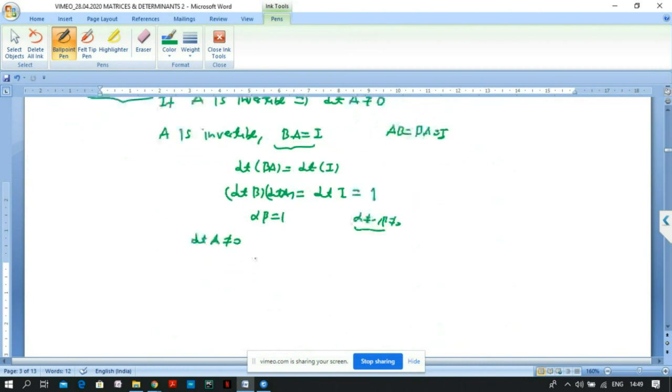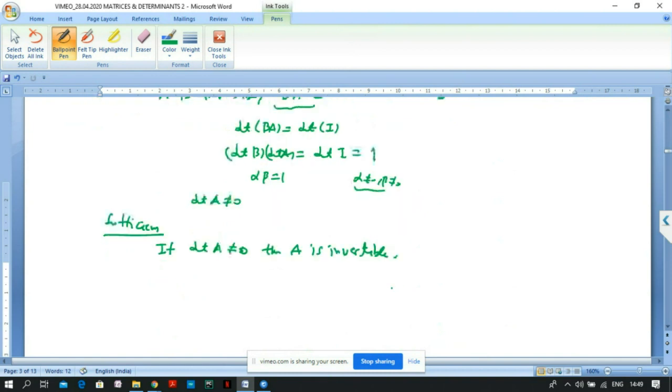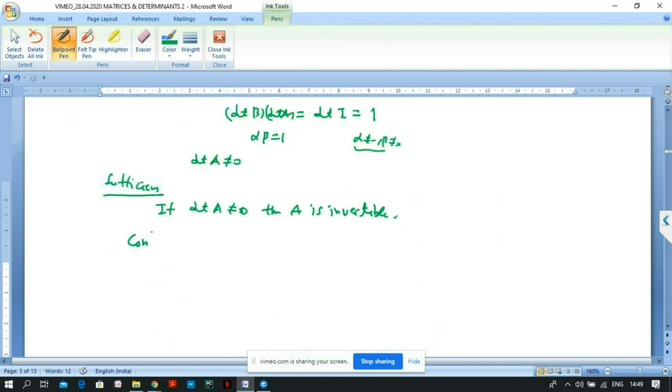And let's prove the other way around, which is called sufficiency. You are saying that if you are given a square matrix A, and det of A is not 0, then A is invertible. This is a constructive proof, which means we create something and then say, okay, this is the proof.